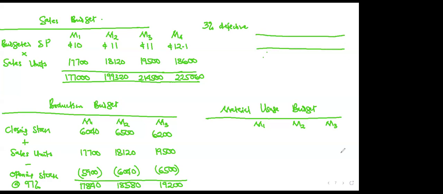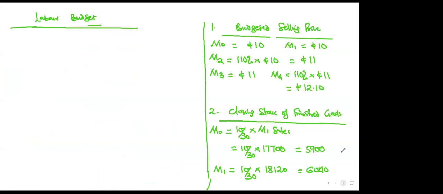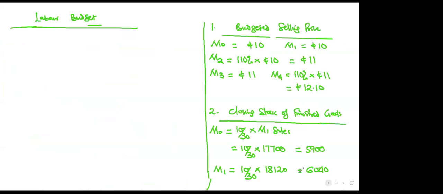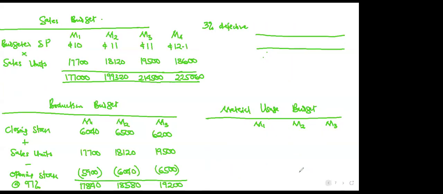Let's come and do a calculation for that. That's working number 3. The defective product. If 97% is equal to the first month, what did we get? 17,840, yeah?